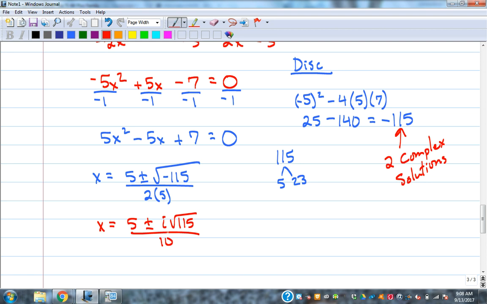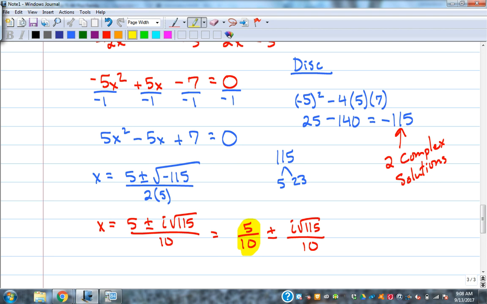Technically, that's a correct solution. We're going to go one step further because what do we know about the 5 and the 10? They could reduce, right? So if we split that apart into 5 over 10 plus or minus I radical 115 over 10, we can reduce this guy.